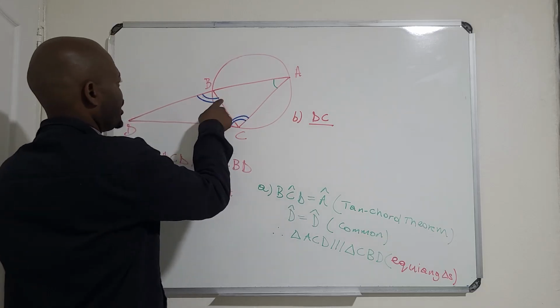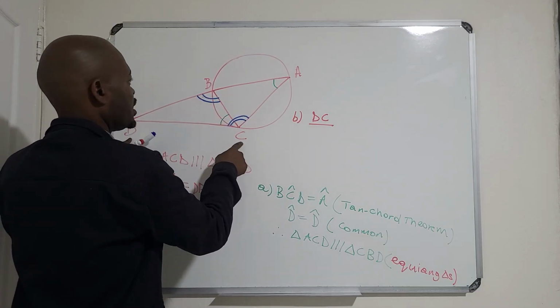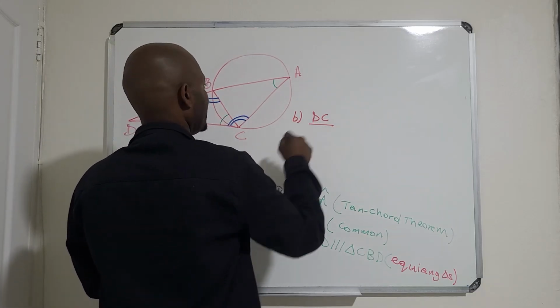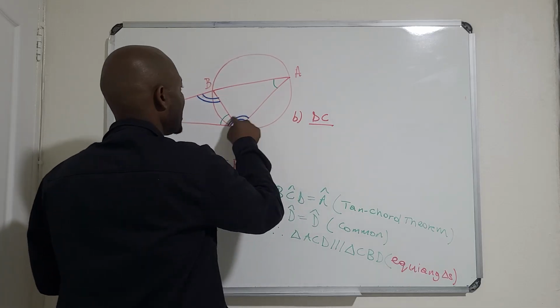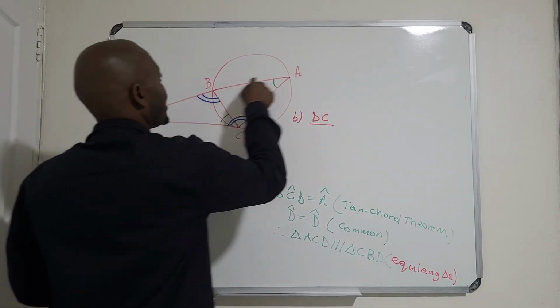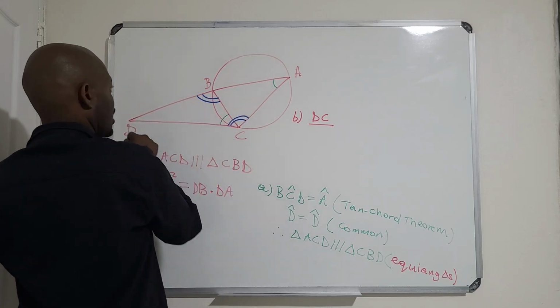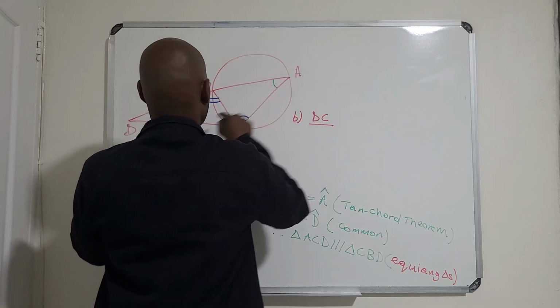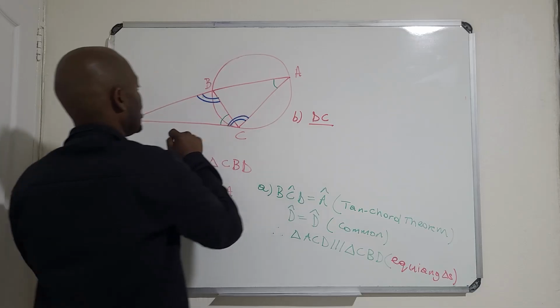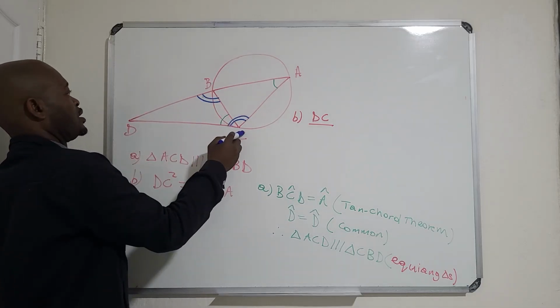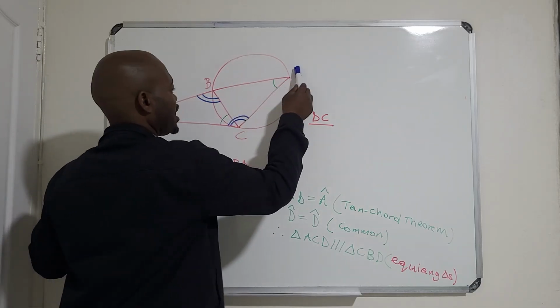As you can see, this angle is opposite this side. That is why I wrote DC. This angle is opposite this side. That is why this angle over this side, over this side.